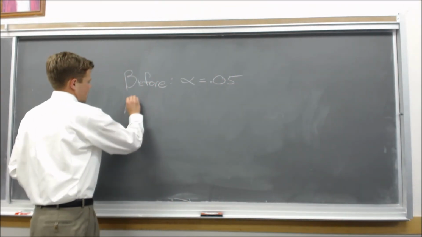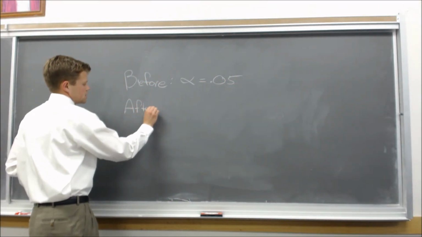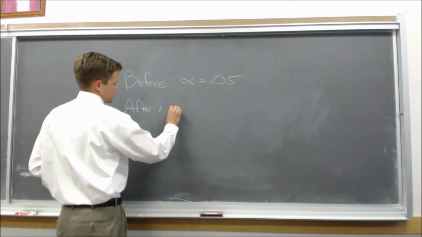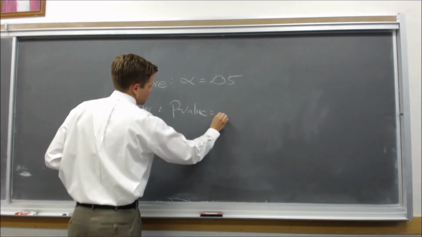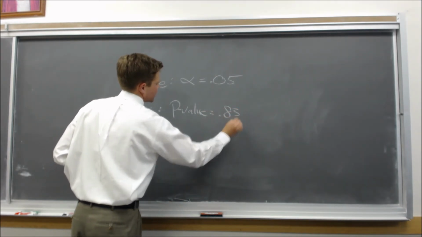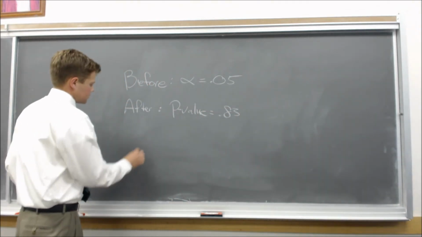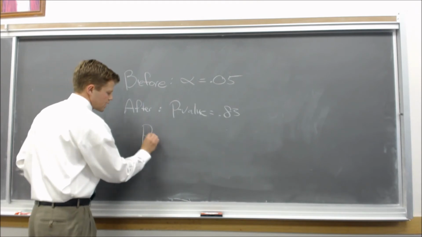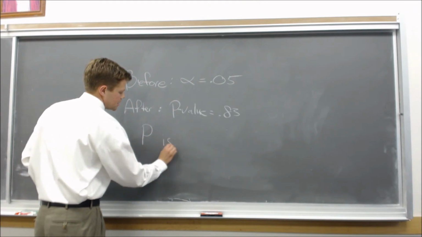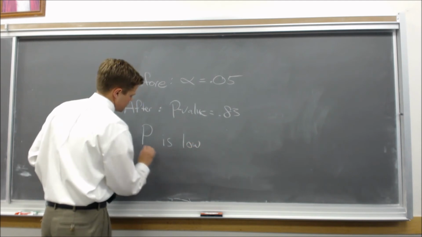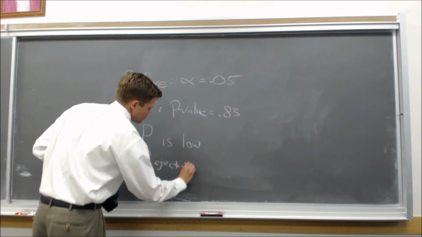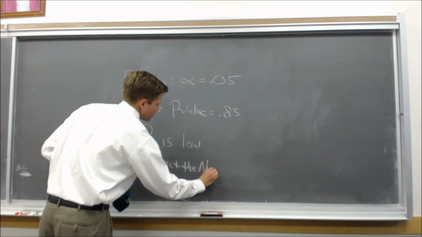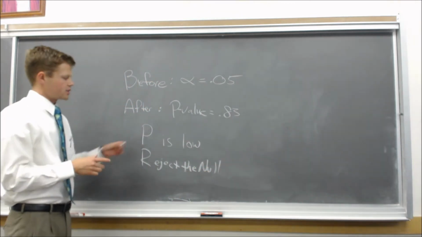Now, after the test, we found that our p-value was 0.83. Now, our catchphrase, I'm just going to write it one more time, is if p is low, reject the null.